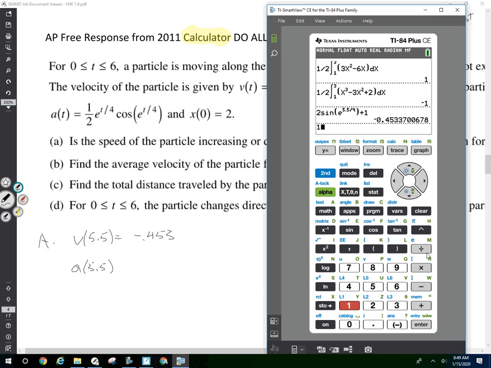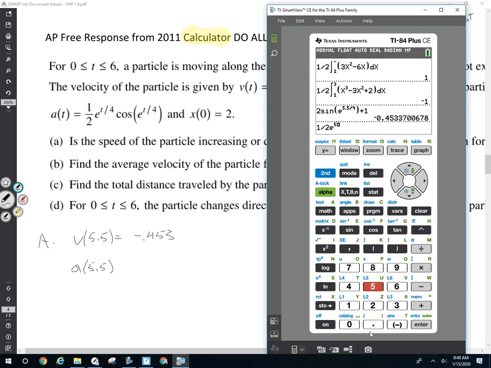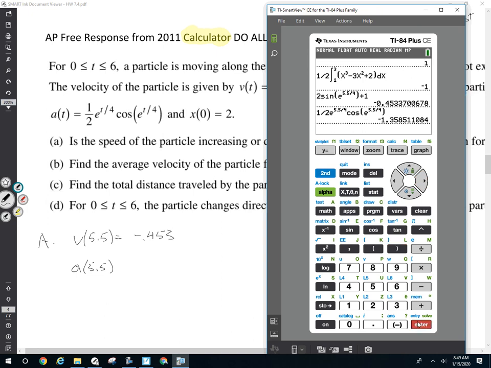I got 1/2 e to the 5.5 divided by 4. It's nice that they gave you the derivative. You could have found this using the chain rule. Cosine of e to the 5.5 divided by 4. And I get that a is also negative.